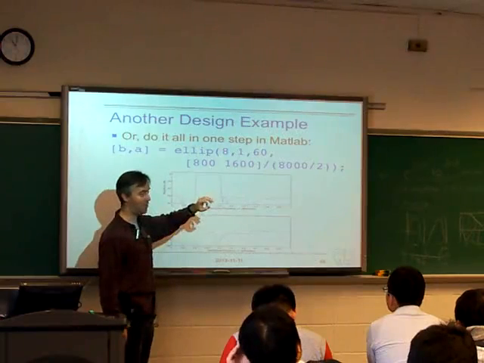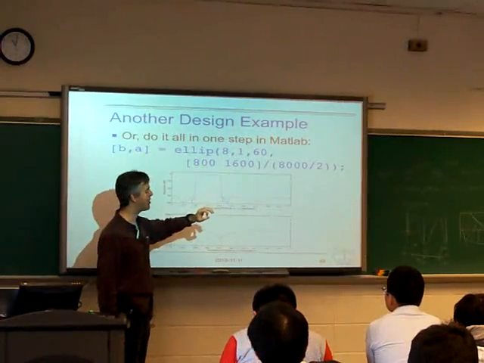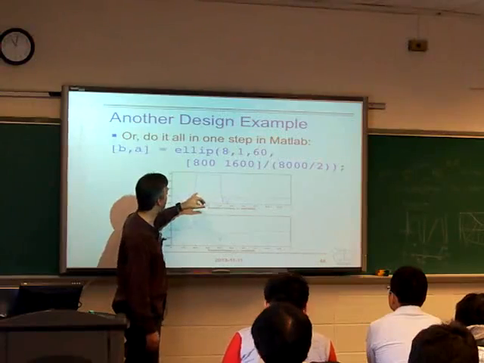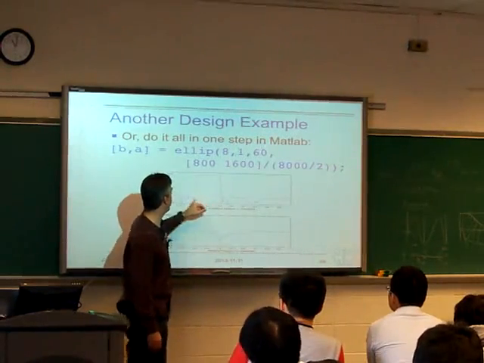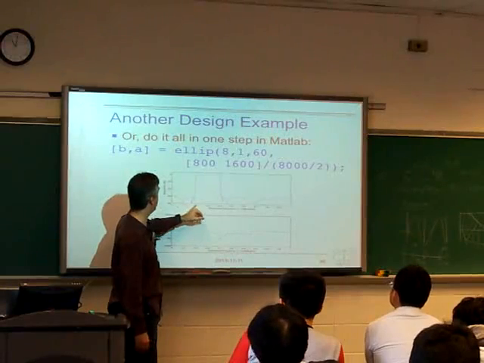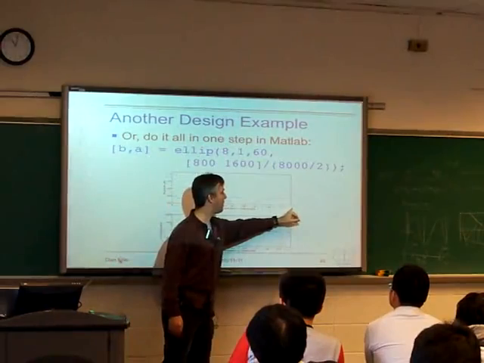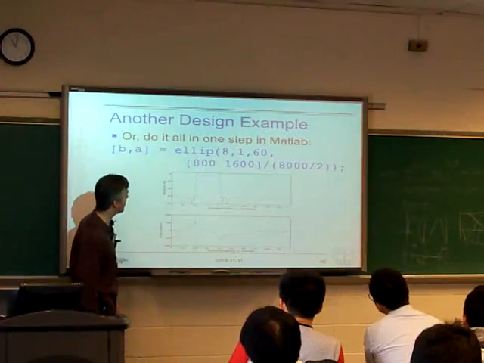MATLAB lets us use half cycles per sample rather than radians per sample, just because they're more natural numbers to deal with, and we get what we want. Here's this discrete time filter. It's got ripples in the stop band, ripples in the pass band. It's a bandpass filter. It's got these edges at 0.2 and 0.4 times pi radians per sample. And that's the filter that we wanted.